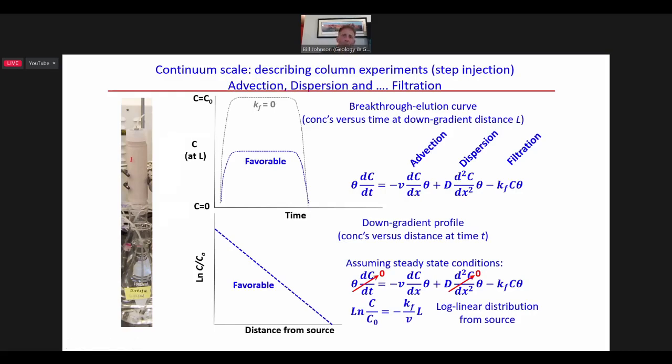And this is all well described by the advection dispersion equation, where we have a transient term, an advection term, a dispersion term, and a filtration term.